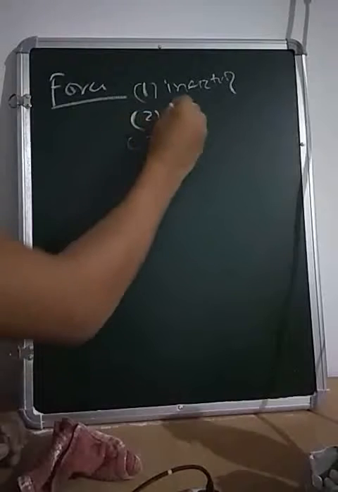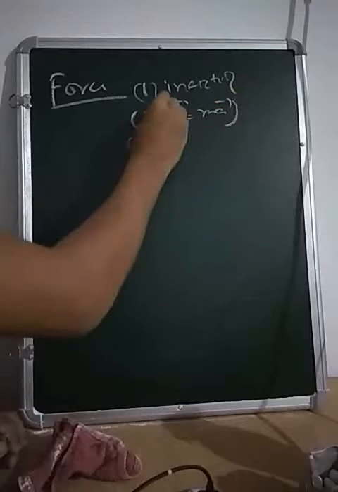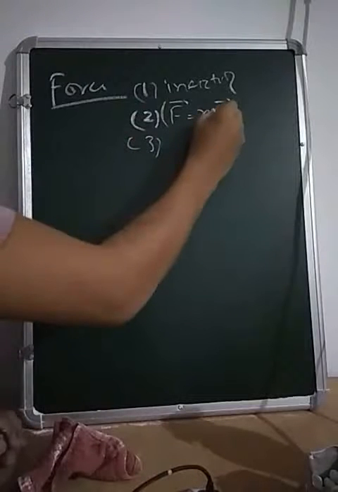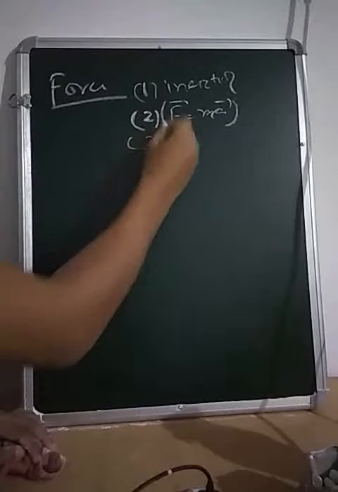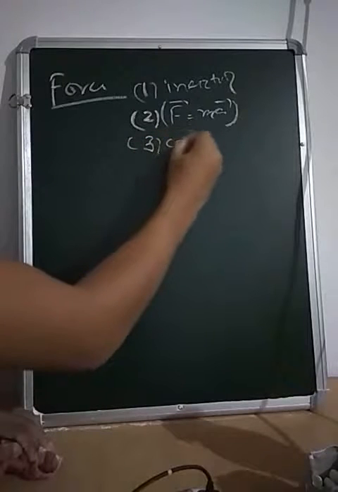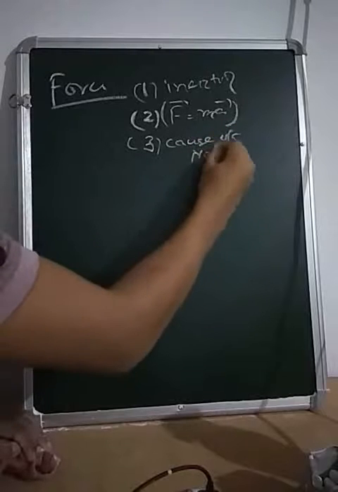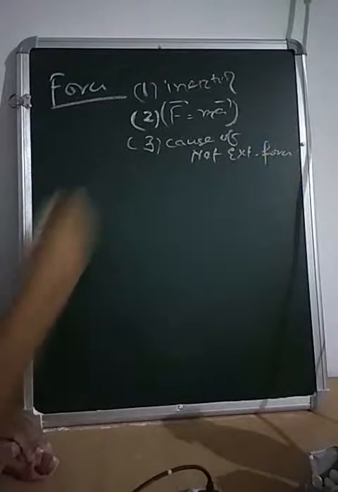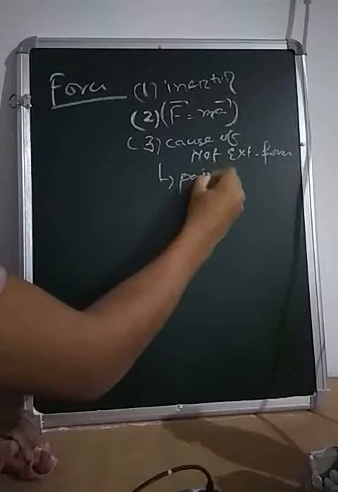The second law is F equal to ma, dealing with external force, from which we can calculate the acceleration from net external force. The third law tells us the cause of the net external force, and from here we get that forces always appear in pairs.